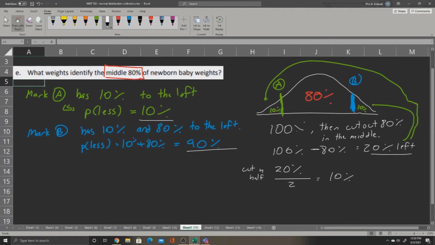Now, we might have to ask the question, do we use norm dist or norm inverse? So let's recall, in order to use norm dist, you need to know an x value. And to use norm inverse, we need a probability.